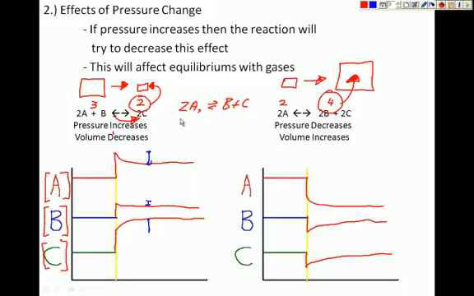So say if the volume decreases, if here was A, B, and C, and the volume decreases, therefore all of these would go up and then straight out. Okay, but there would be no change in the equilibrium. There would be no new equilibrium being formed.